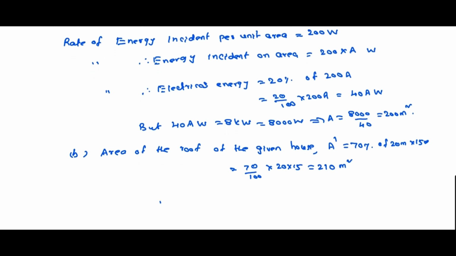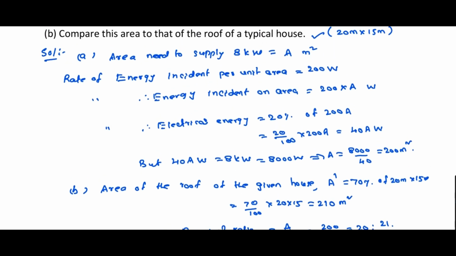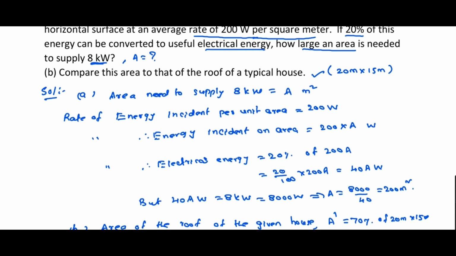Therefore, the required ratio of areas, A divided by A dash, is equal to 200 divided by 210. This value is nothing but 20 is to 21. The problem looks lengthy, but be careful with the given data.